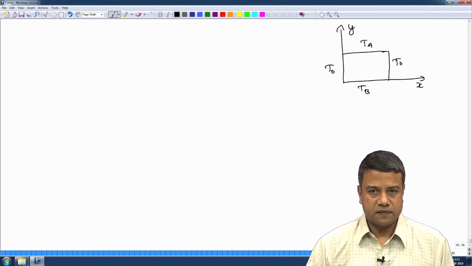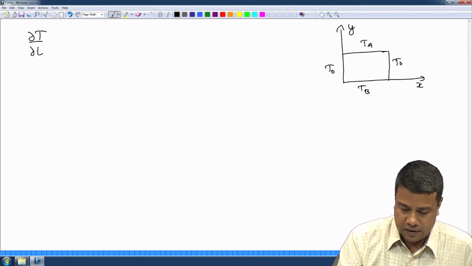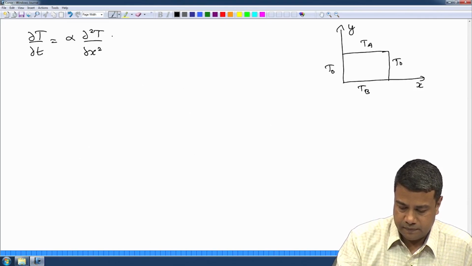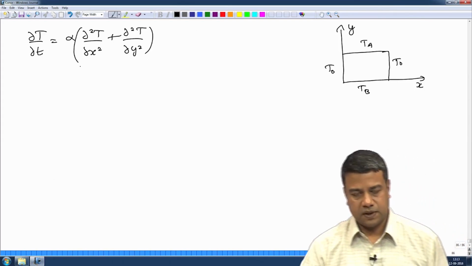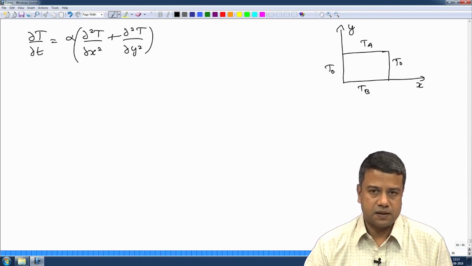If I were solving this for an unsteady equation, the equation would be of the form partial T by partial t is equal to alpha. If I was solving for the unsteady problem, the equation would be of this kind.